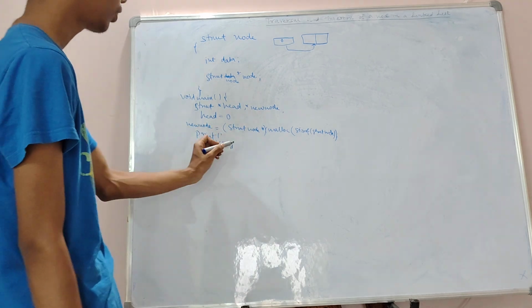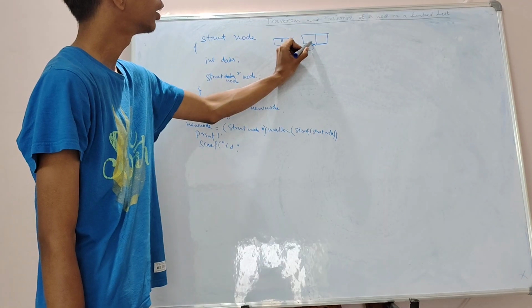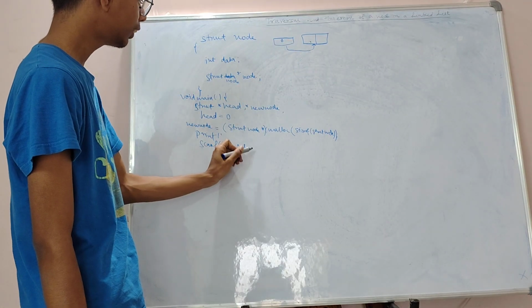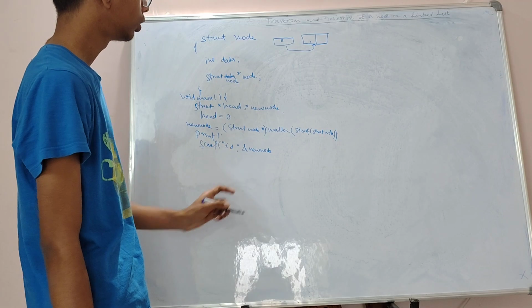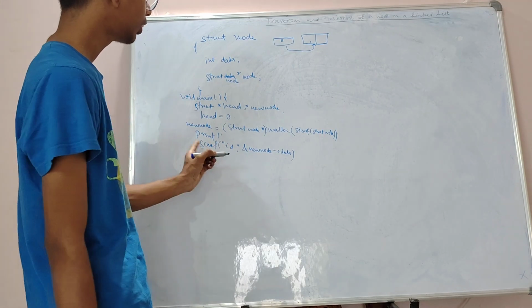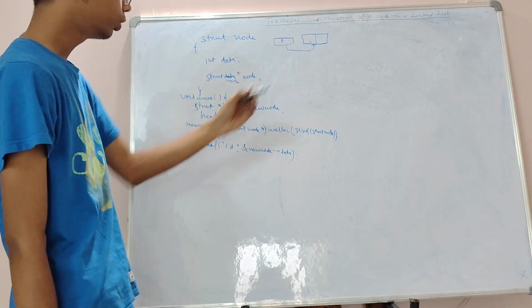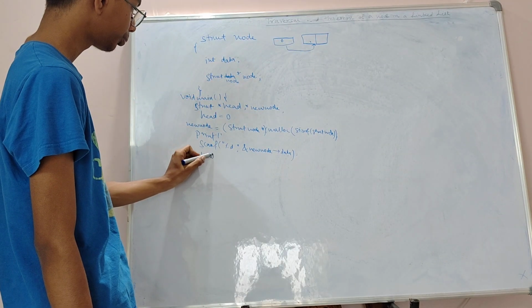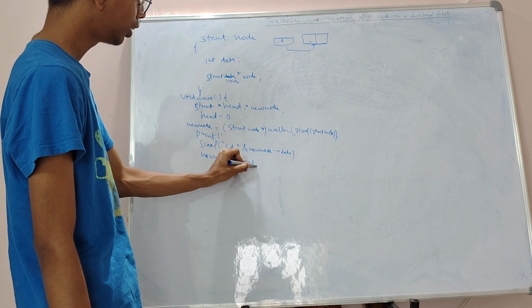And in a scanf, to access the data part, I will write ampersand new node. I am using the pointer new node to access the data part, right? And there I will store my value, and in that node, in the next part, I will store null, right?